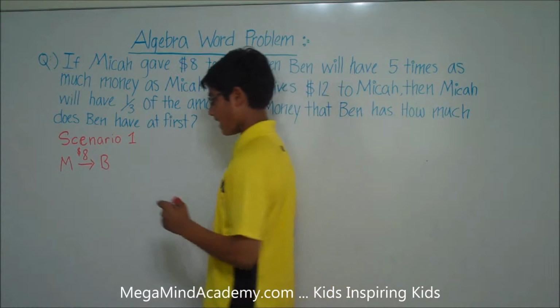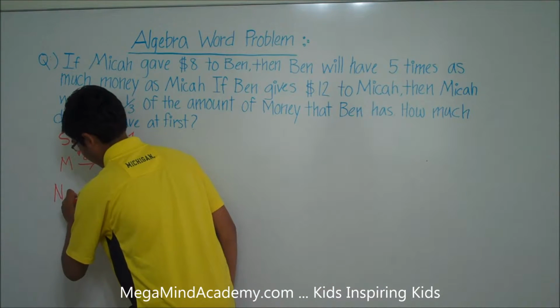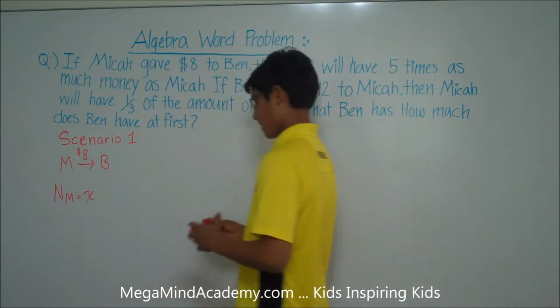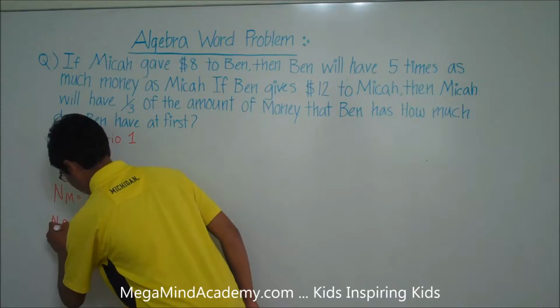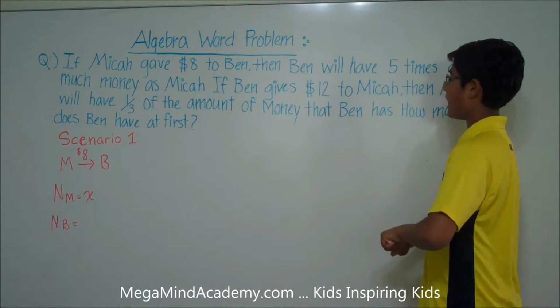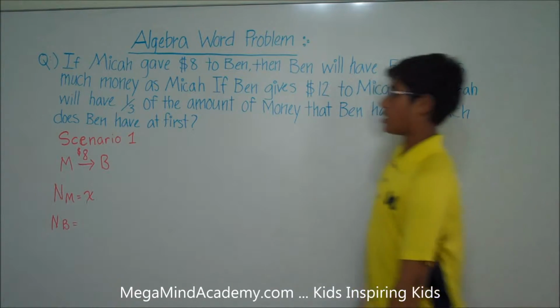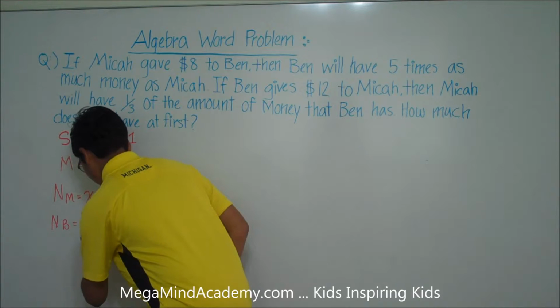And let's say that now Micah, N for now, M for Micah, is equal to X. So this means that now Ben, N for now, B for Ben, will then have 5 times as much money as Micah. So now Ben would be 5X.